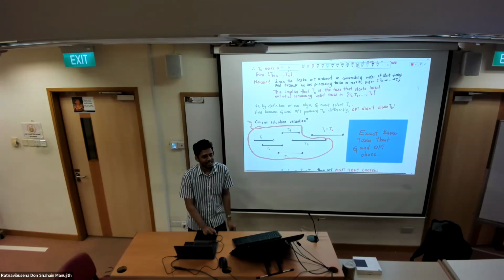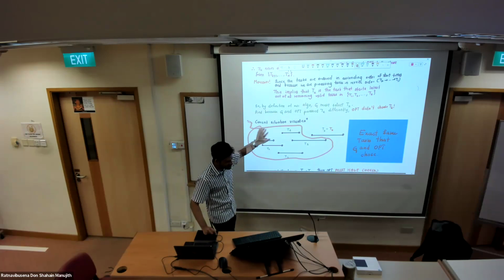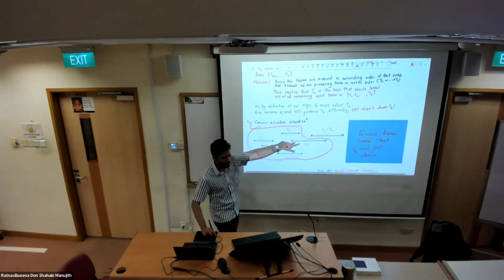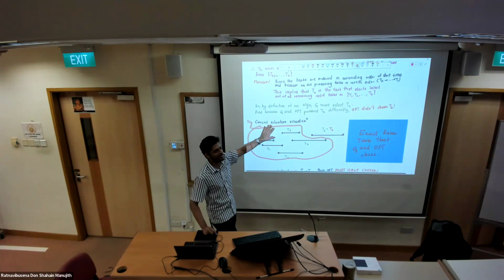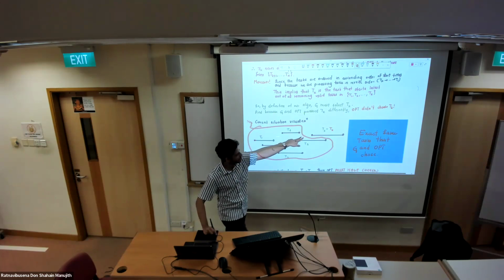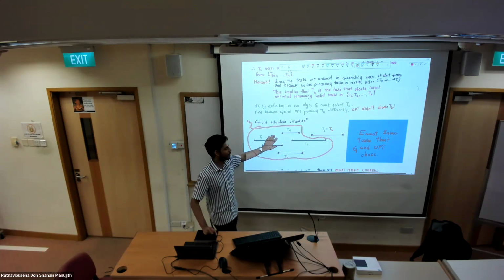OPT is optimal. If OPT didn't choose at least one more task from here, then Greedy has chosen at least one more task than OPT. Because G chose Tk, and from the other tasks G and OPT chose the same task. That means Greedy has chosen at least one more task than OPT.